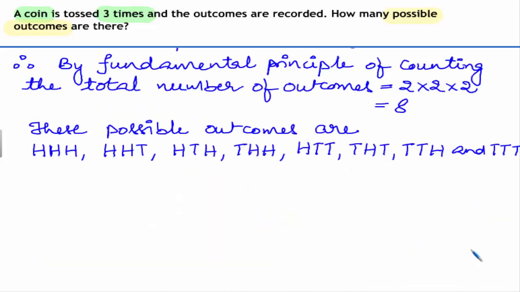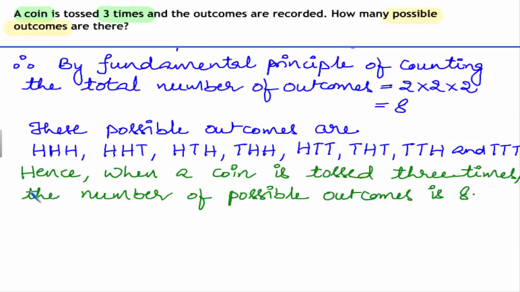Therefore, the possible 8 outcomes are HHH, HHT, HTH, THH, HTT, THT, TTH and TTT. So with this, we conclude that when a coin is tossed 3 times, the number of possible outcomes is 8. So this completes the solution.